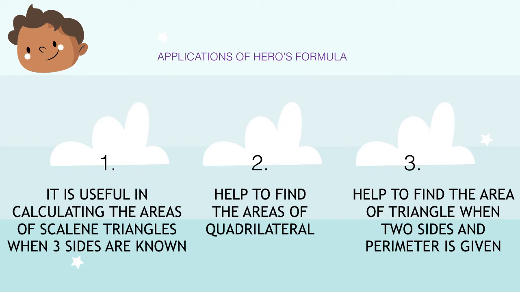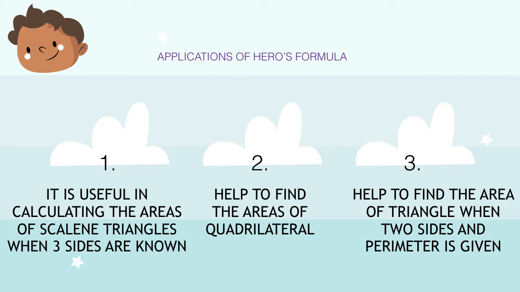Now third point, when you are given two sides and the perimeter of a triangle, then also this formula is useful. Like you have the value of A and B, and perimeter is equal to A plus B plus C. So you can find the value of the one unknown variable, that is C, by putting the values of A, B and the perimeter which is already given to us.